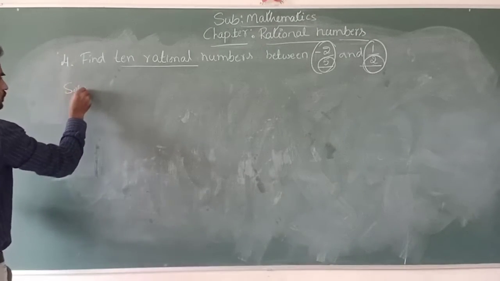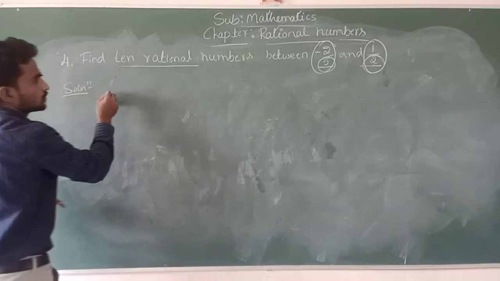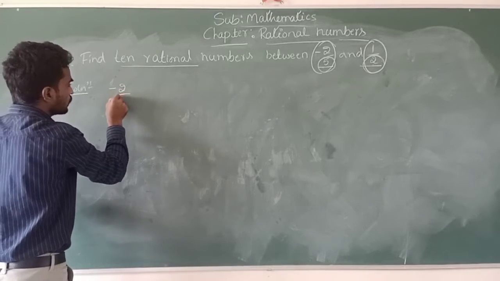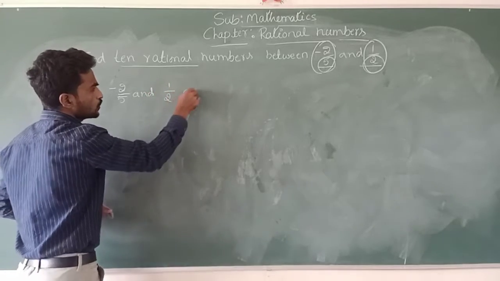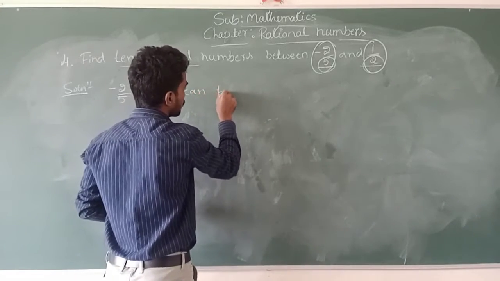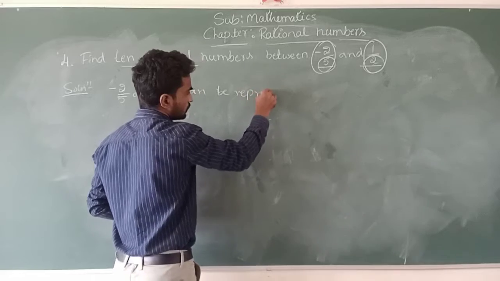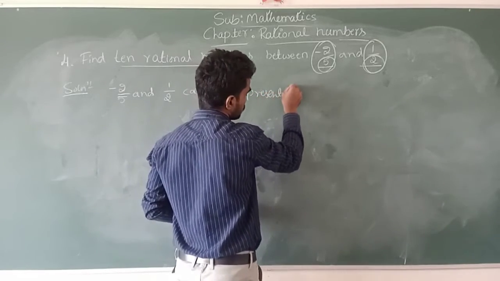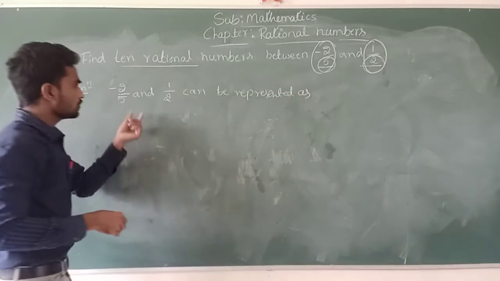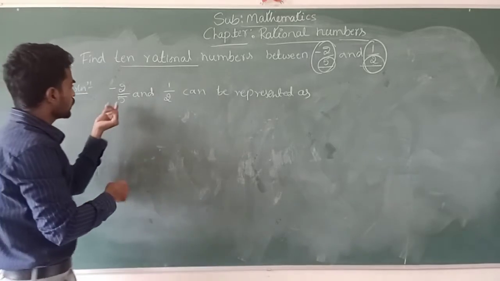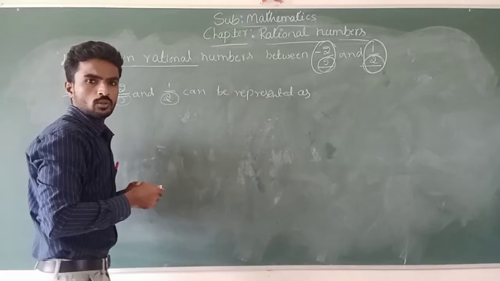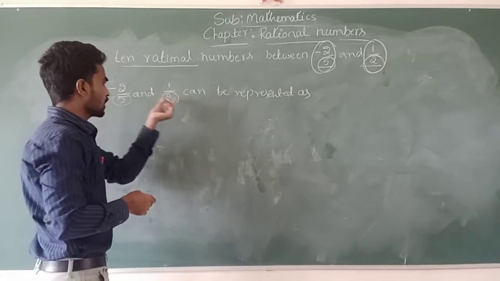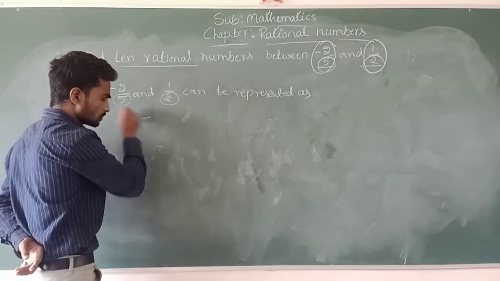Solution: minus 2 by 5 and 1 by 2 can be represented as, we can convert these denominators into the same denominator.